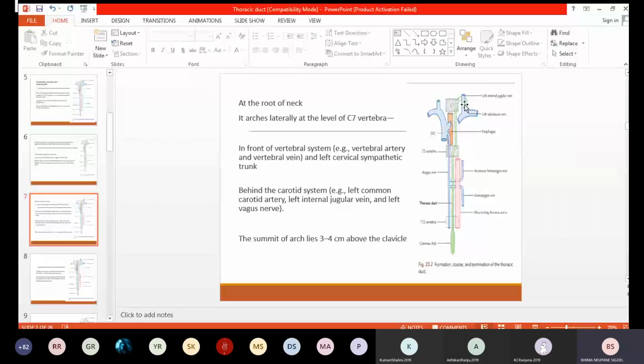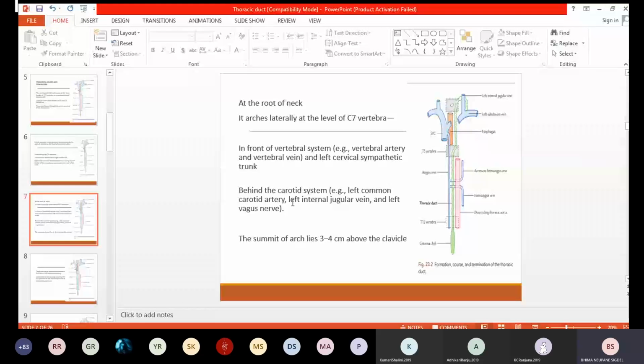And another most important structure: anteriorly is the carotid system, okay. So the vertebral system is behind, whereas anterior to the thoracic duct is a large structure formed by the deep fascia of the neck, that is the carotid sheath, okay.